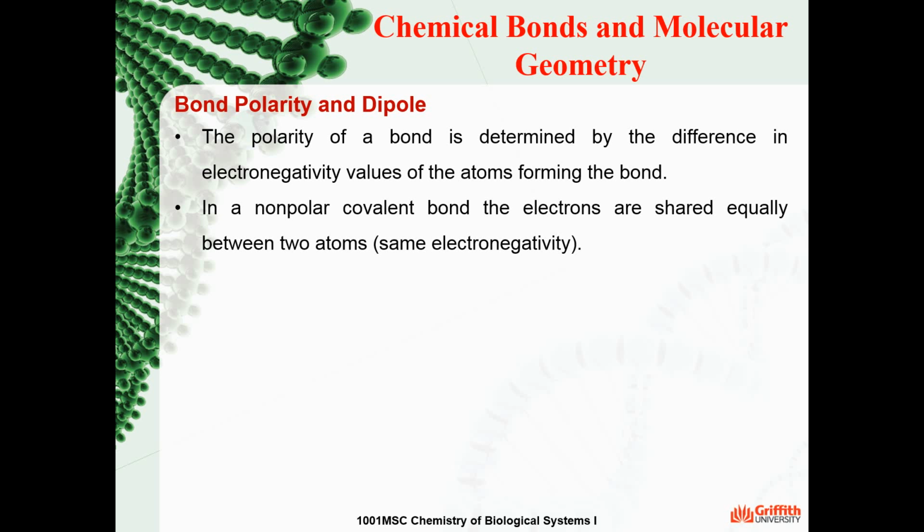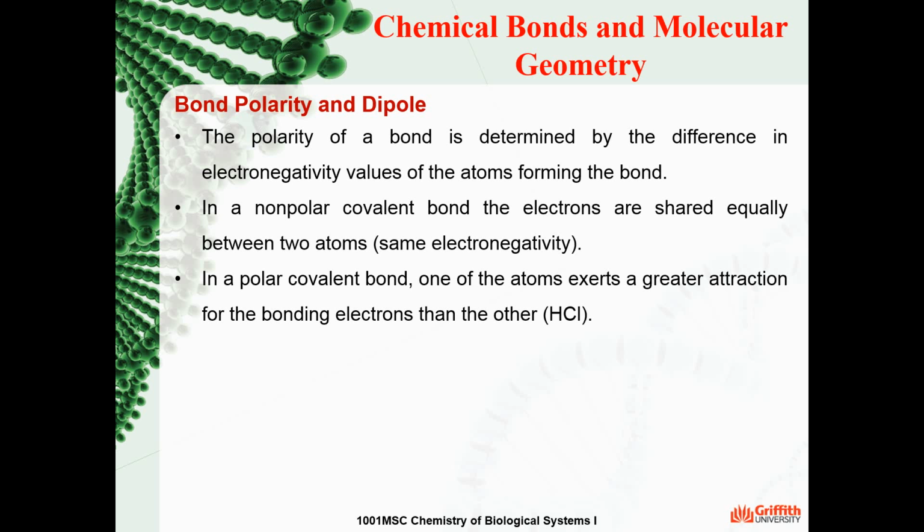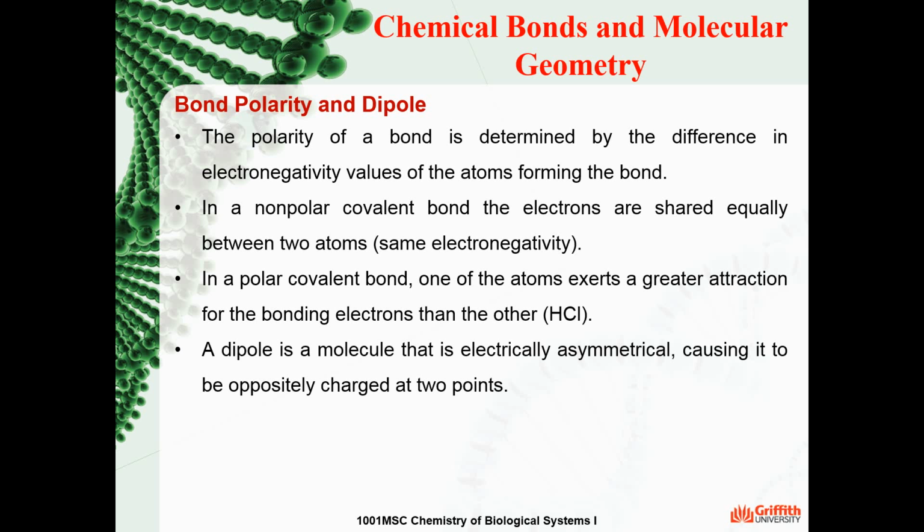For example, chlorine has an electronegativity value of 3, whereas hydrogen has an electronegative value of 2.1. So the difference is 0.9, which is large enough to cause polar bonding. We call a molecule a dipole if it is electrically asymmetrical, so it has a partially positive charge on one end and a partially negative charge on the other.